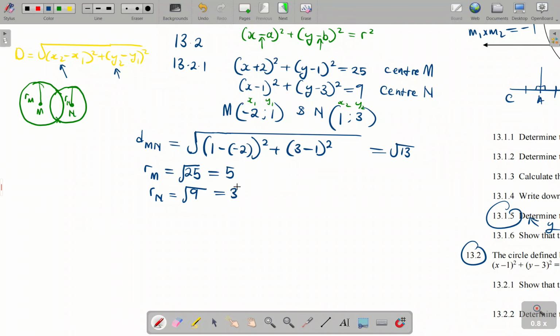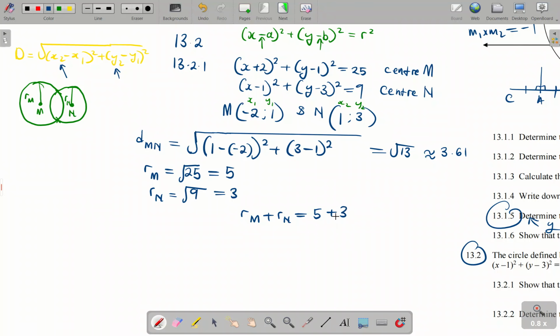So now let's sum this. Remember, when I approximate this, it's giving me 3.61. So now let's sum these two radii. So rm plus rn is gonna be 5 plus 3, that's gonna be 8.